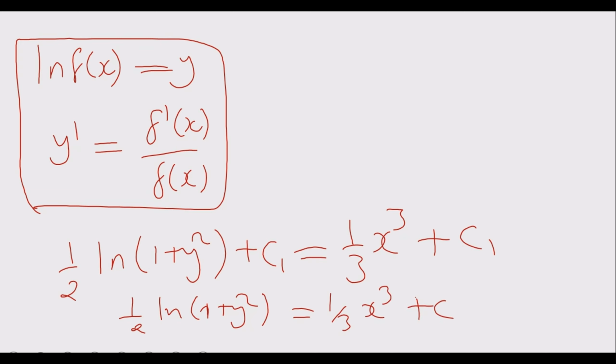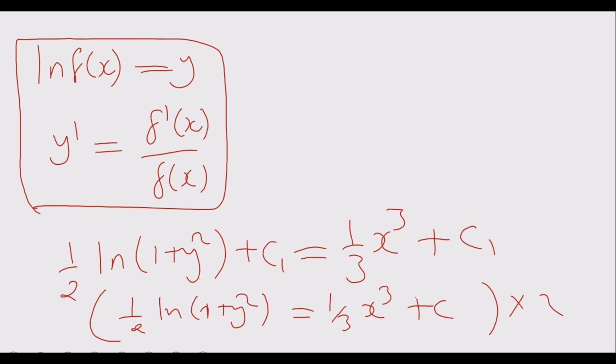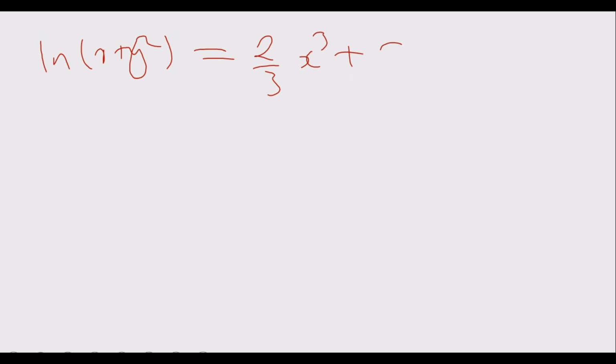Then we want to make y the subject of the formula, so we multiply everything by 2 so that we get rid of the half. So we remain with the natural log of 1 plus y squared equal to 2 over 3 x to the power 3 plus a constant, because 2 times a constant is just a constant c.